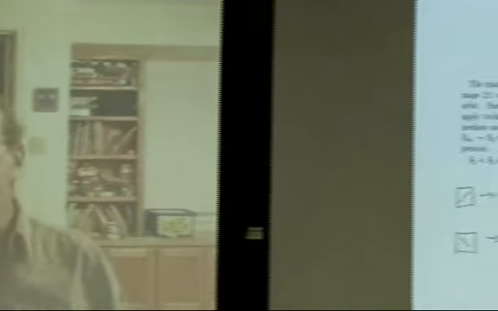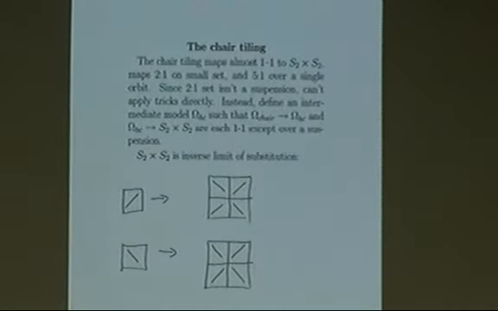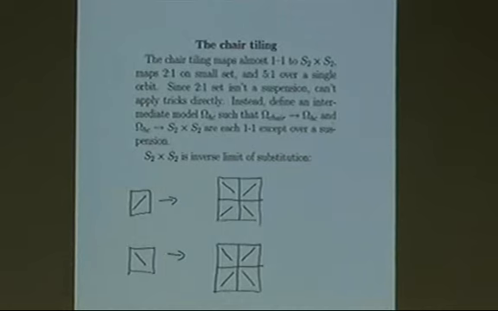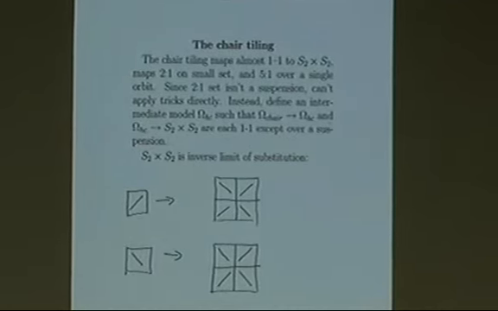I'm going to define a tiling space omega HC. HC stands for half chair, where omega HC over the dyadic solenoid is only going to see things in the northeast to southwest direction, and chair over the half chair is only going to see things in the northwest to southeast direction. And we can do each step using the machinery that I've laid out so far, and then you put it all together and you get the chair over the solenoid.